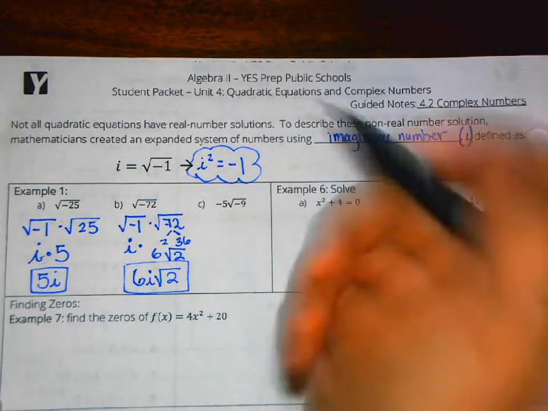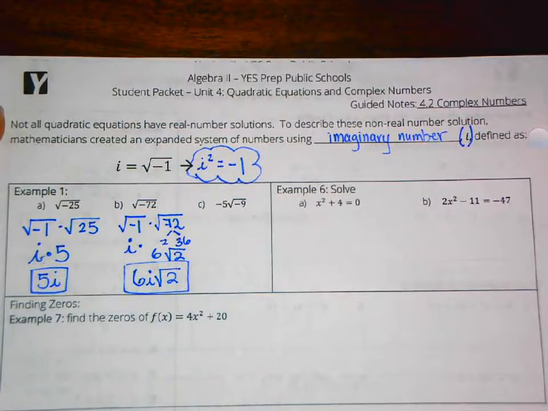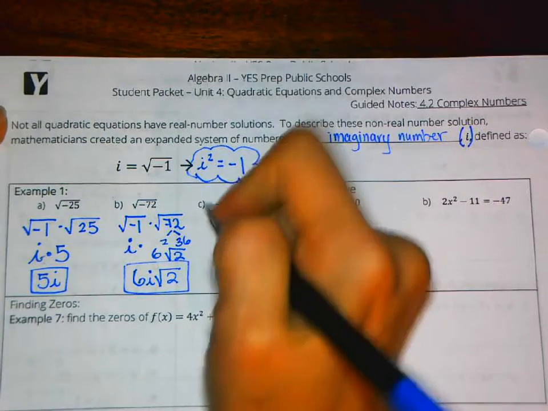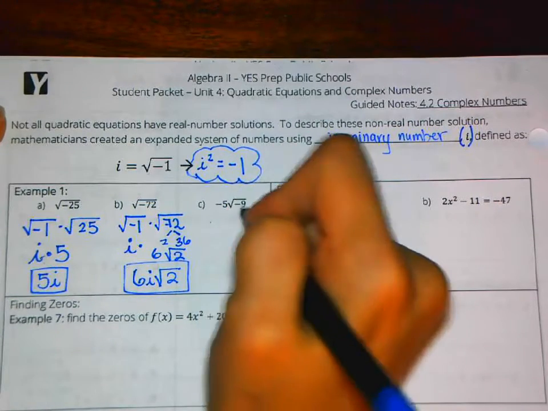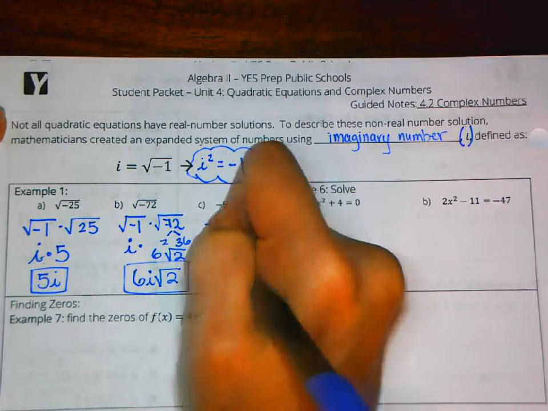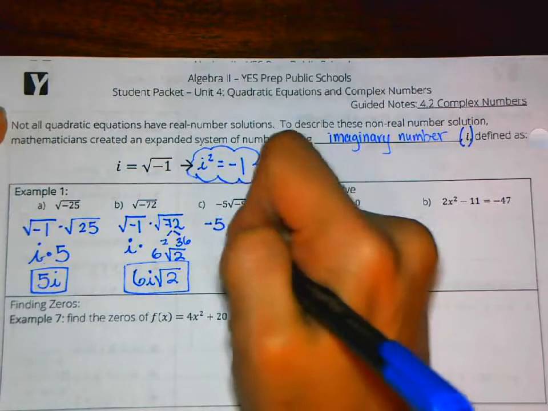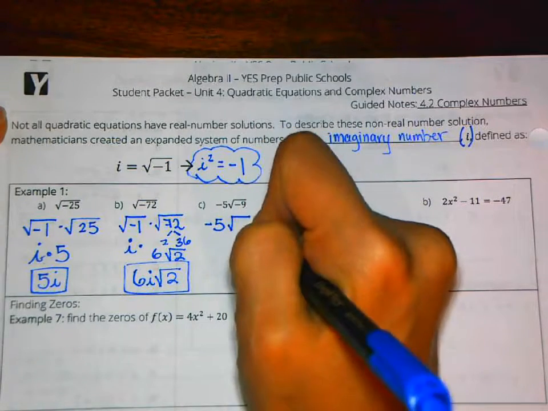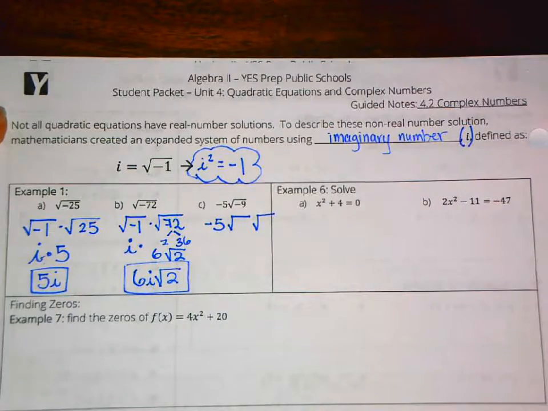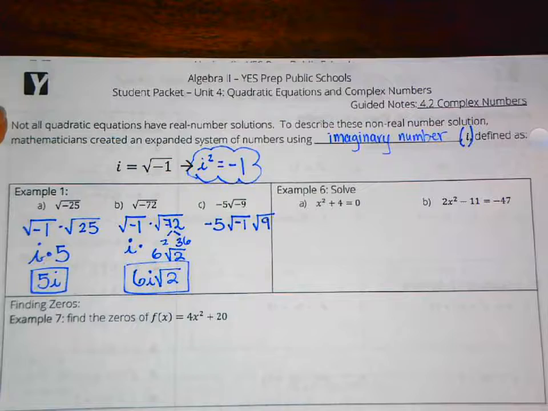One more example. Negative 5 times square root of negative 9. Now, negative 5 is just a regular number. It's just a negative 5. So it stays as a negative 5. Square root of negative 9, that's the one I'm going to split into 2. I'm going to split that into negative 1 and 9.